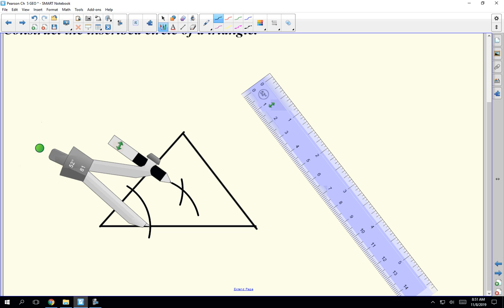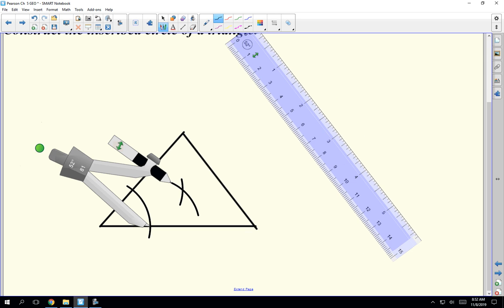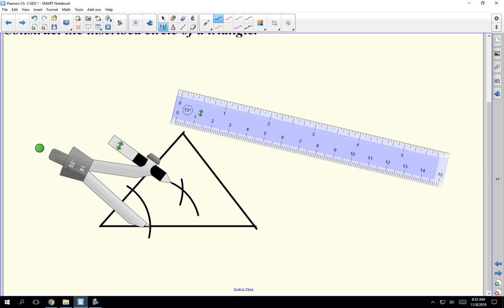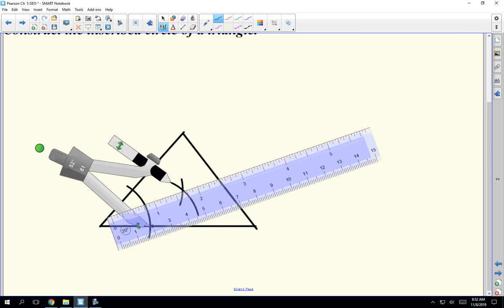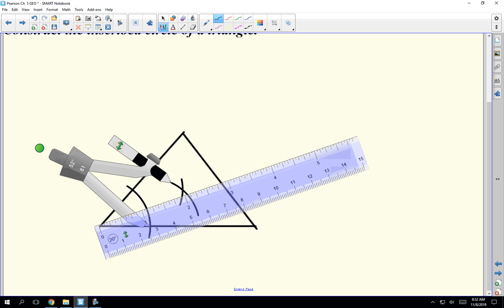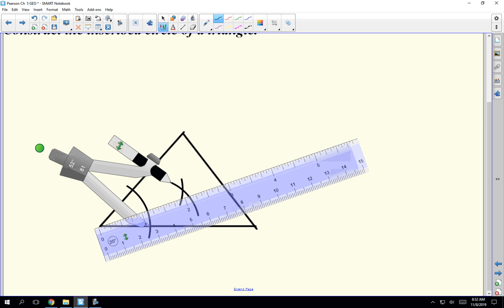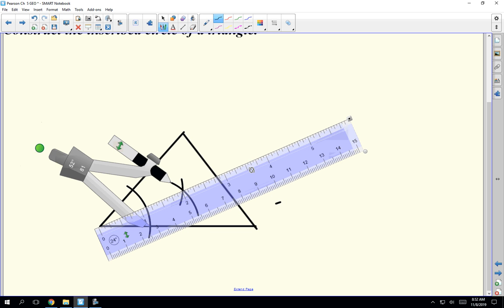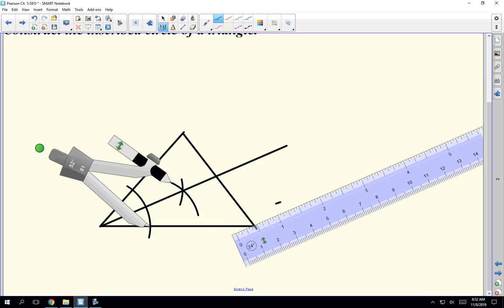And you'll know you have the angle bisector because it'll look like it splits the angle in half. And then draw this guy. So there's one of my angle bisectors. It looks pretty good. Looks like it splits that angle in half.